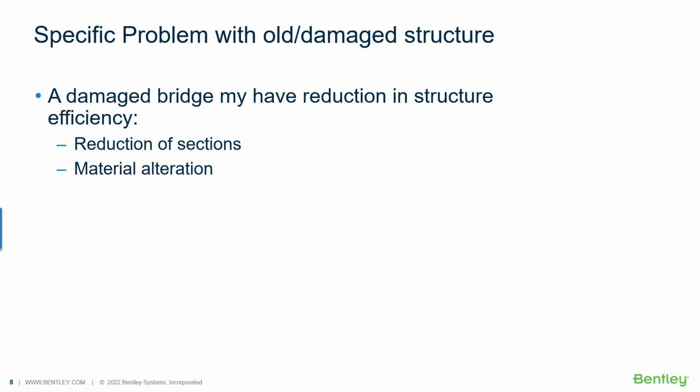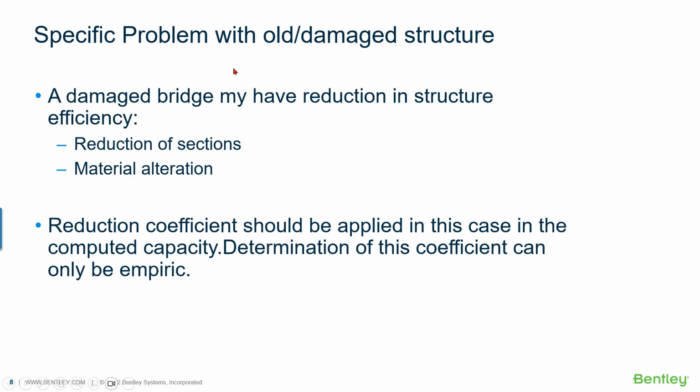The other thing is the material alteration, that maybe the concrete, which becomes very old, or steel also, the same way that globally is corroded, so we have to apply some reduction. So in that case, we have to apply a reduction coefficient for the computed capacity.